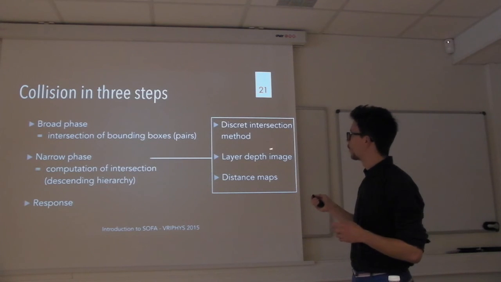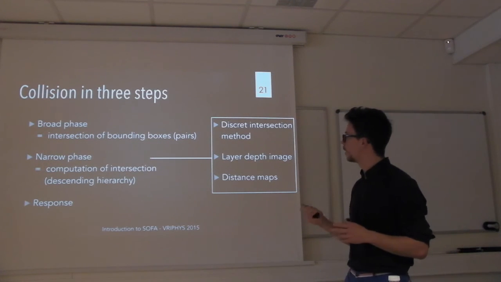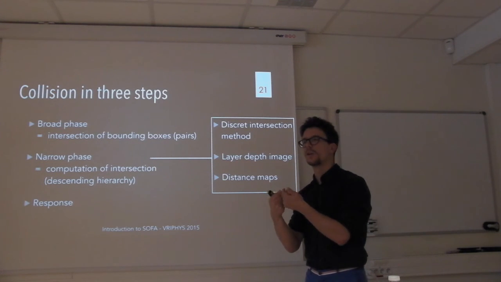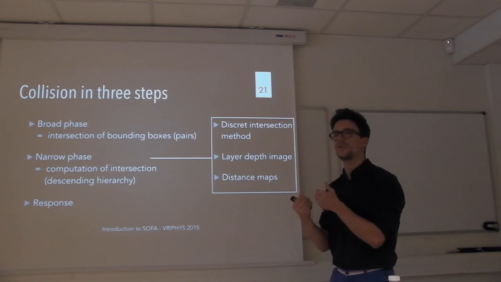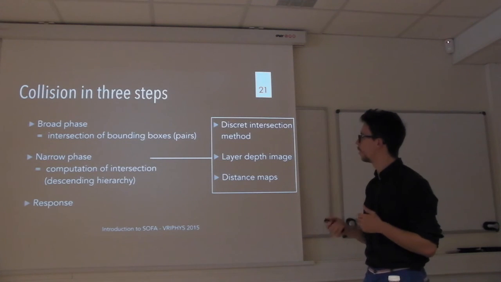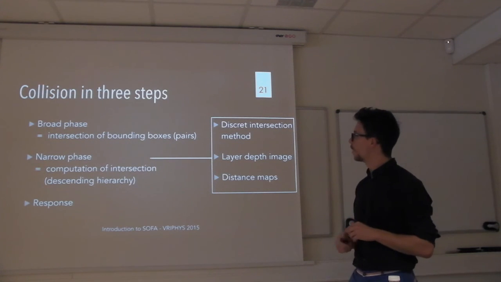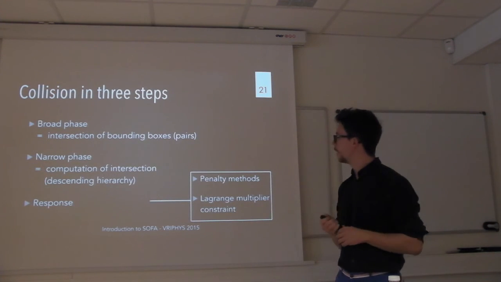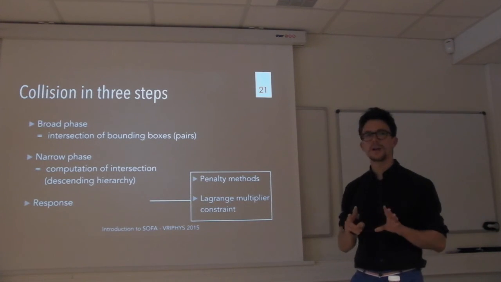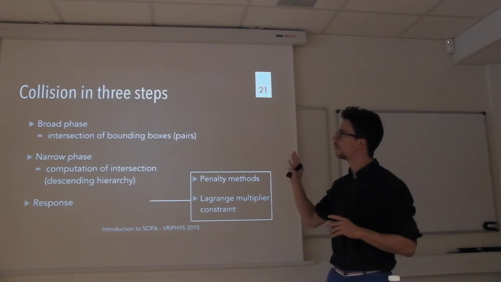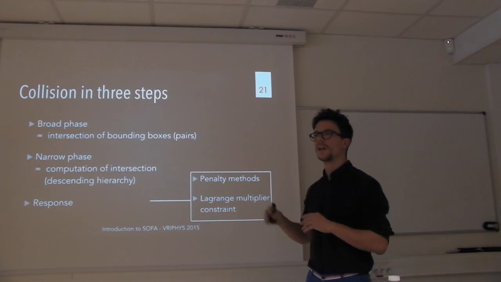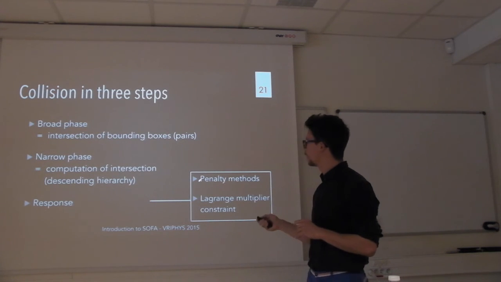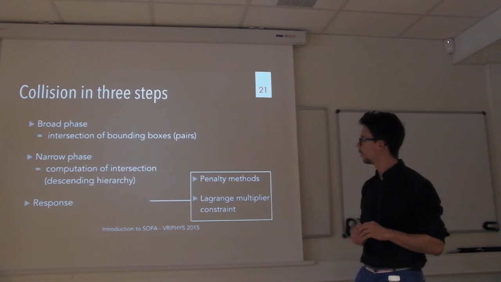You have different methods available, such as distance maps, computing the distance of your object to the colliding object, or at least assuming that there is maybe a collision. And then you have the response. There are mainly two methods here. To the best of my knowledge, it's not my best expertise, but there are penalty methods and Lagrange multipliers.